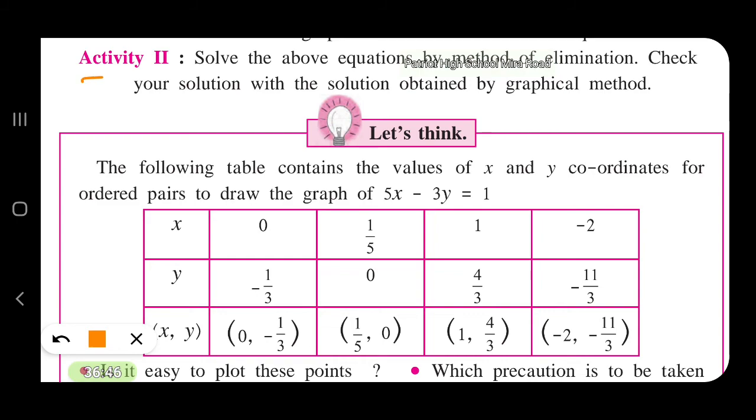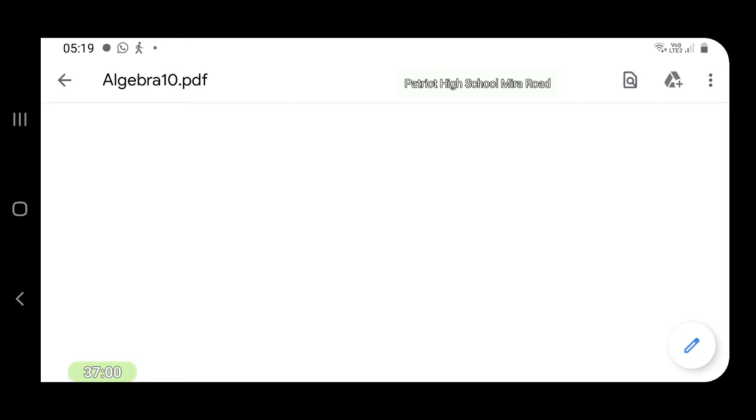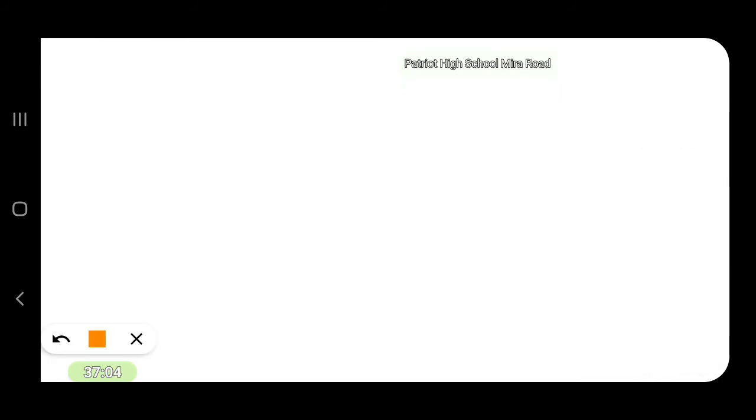Activity 2. Solve the above equations by the method of elimination and check the answers. Check your solution with the solution obtained by graphical methods. You have to compare the two solutions. x minus y is equal to 1, equation number 1.